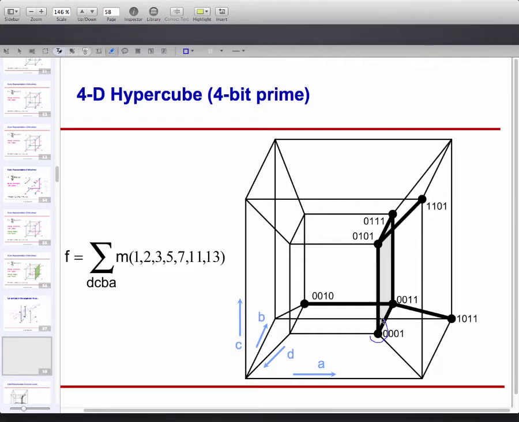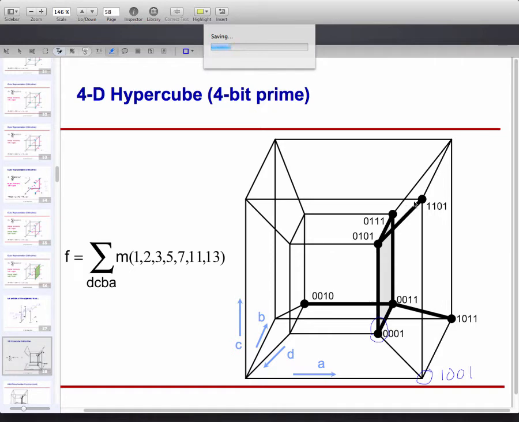So for example, this vertex where my cursor is, see how its label is 0, 0, 0, 1. This guy's label, D is 1, the remaining values are the same, so this is 1, 0, 0, 1, and so on and so forth. So this is a visual representation of a 4-dimensional cube, and my particular function, which corresponds to 1, 2, 3, 5, 7, 11, and 13, corresponds to these vertices where I have a dark circle.